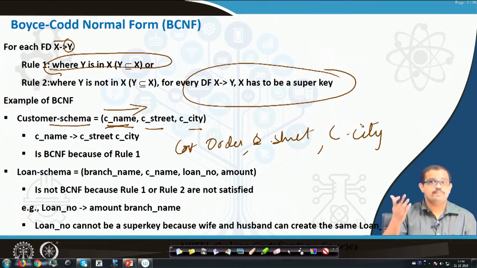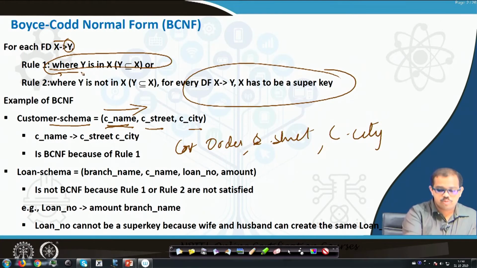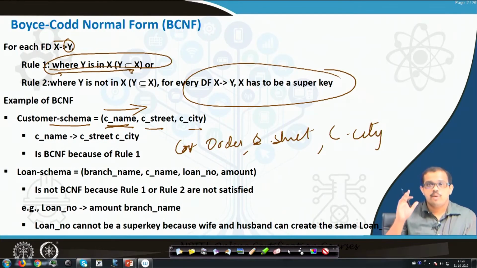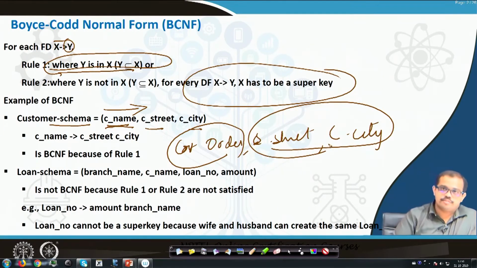There are so many items which may not be delivered, right? So, this satisfies rule number 1, which means y is a subset of these attributes. So, this is an example of being in Boyce-Codd normal form.